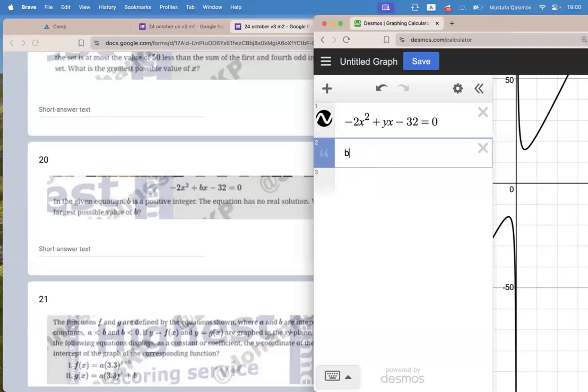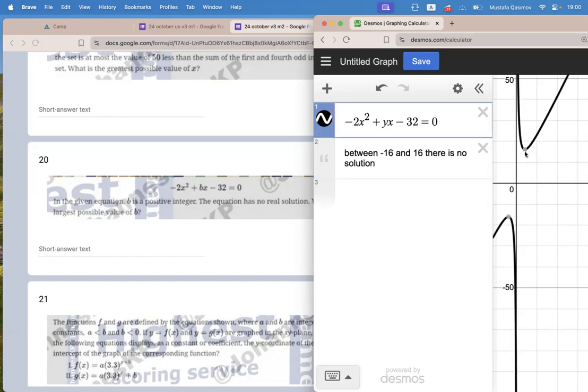It means that between 16 and negative 16, there is no solution. This has no real solution, and what's the largest possible value? So b is equal to 15.